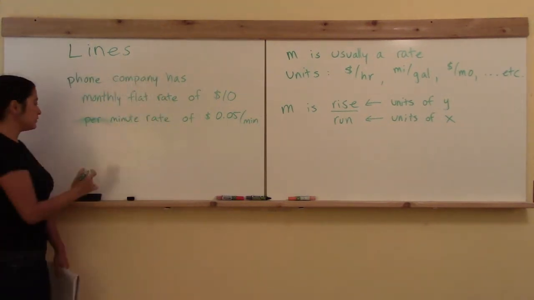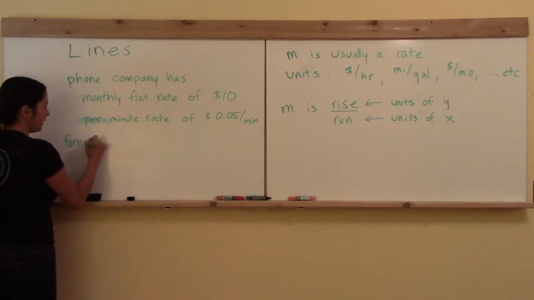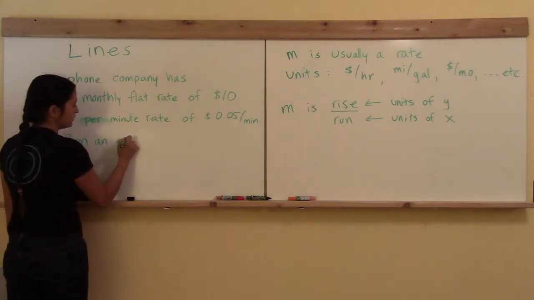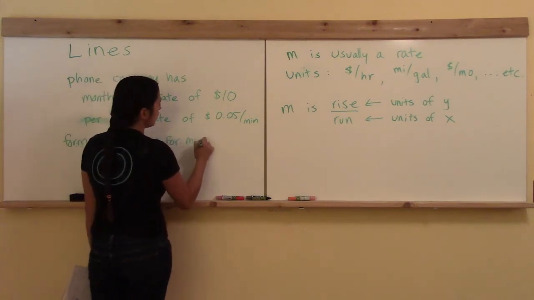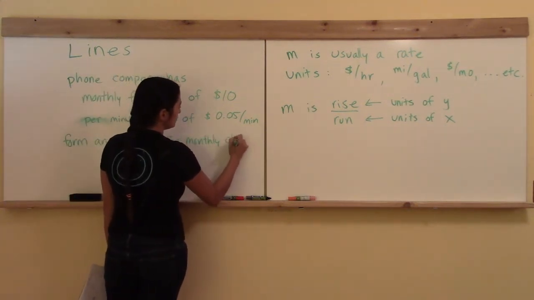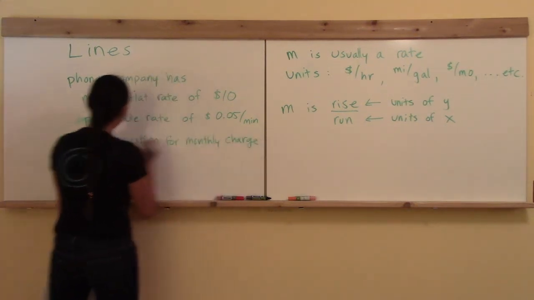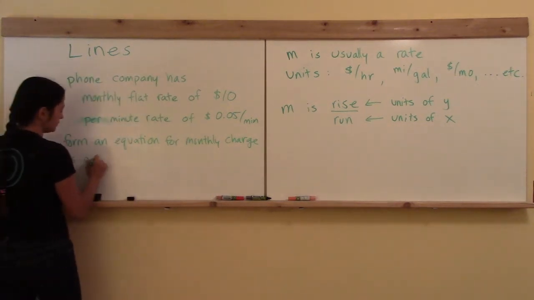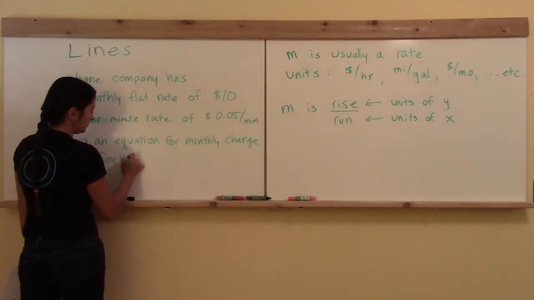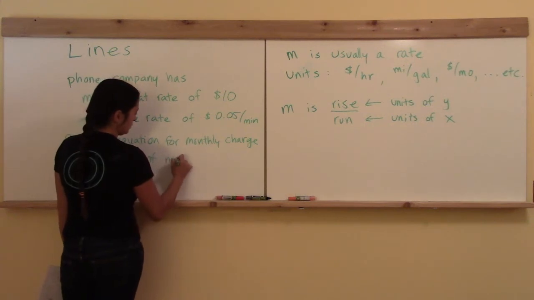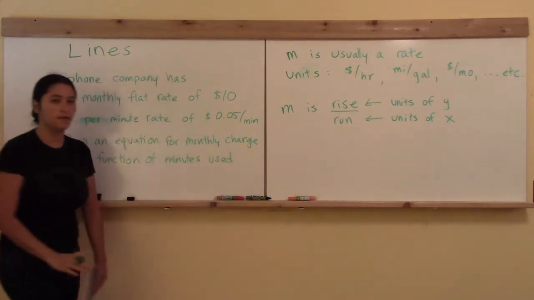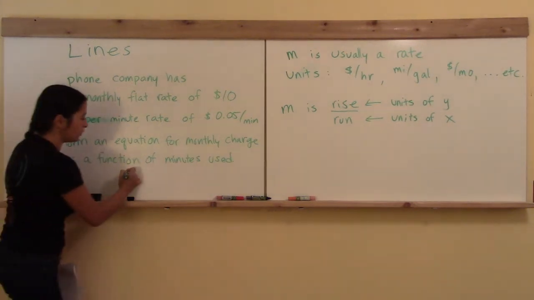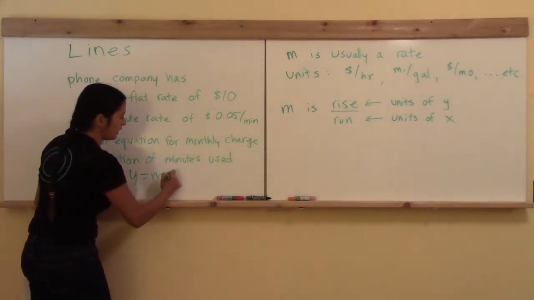Okay? What I want you to do is form an equation for the monthly charge as a function of the minutes used, and I'll just tell you right now that the answer is going to be in the form y equals mx plus b.